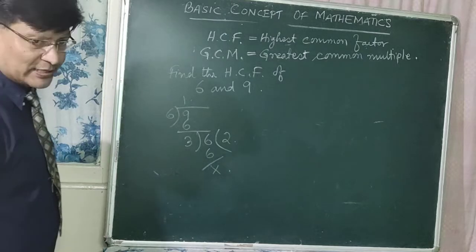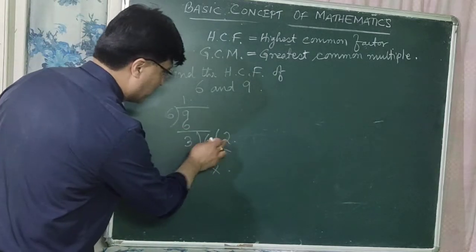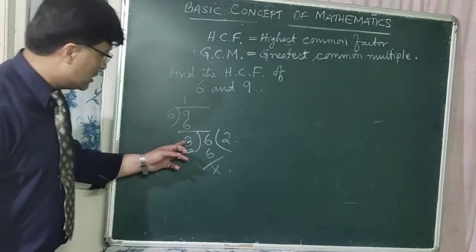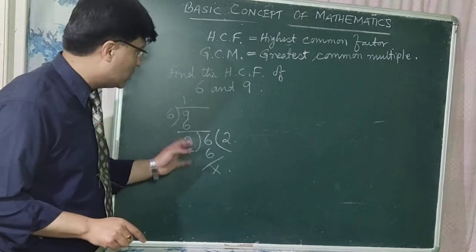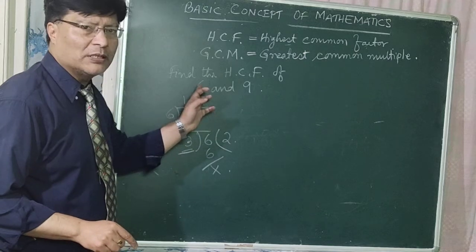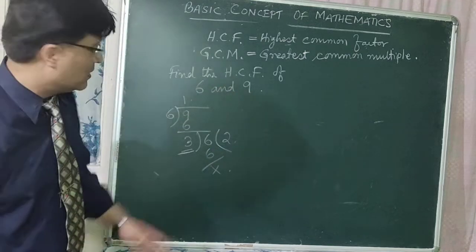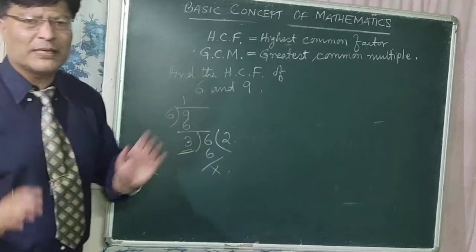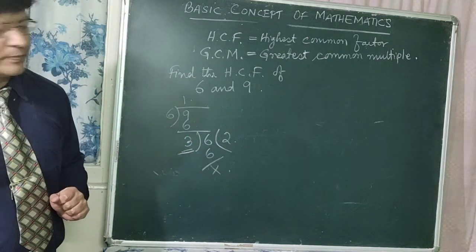So which is the required HCF? The required HCF is not this one, not 2 again. The required HCF is 3. So this is the highest number 3 which will divide both 6 as well as 9. This 3 divides 6 and this 3 also divides 9 completely. Right?